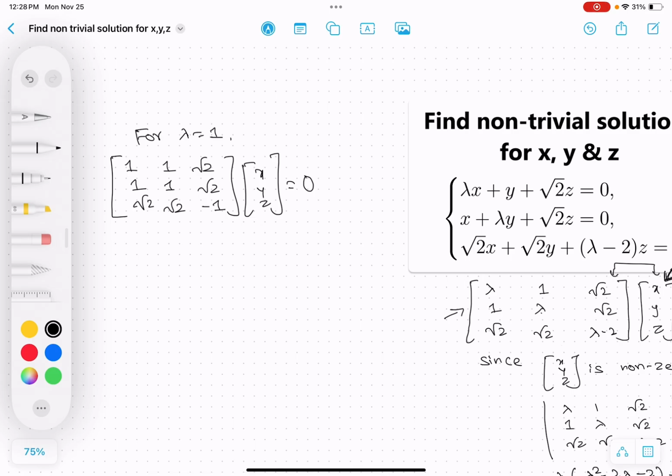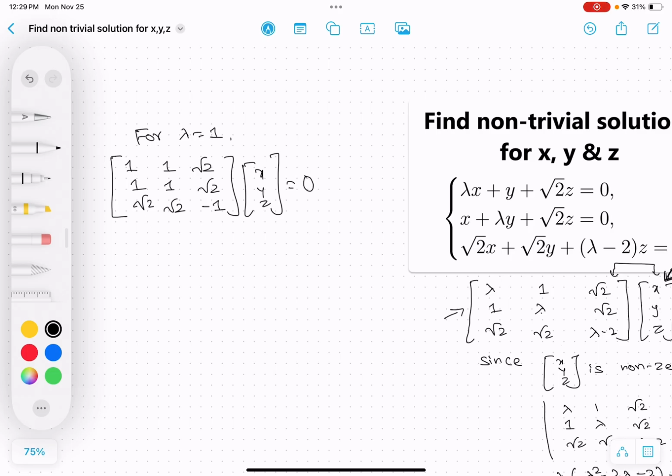Now we definitely cannot solve this by taking the inverse, because that's only for the non-zero solution. One way you can solve this is by substitution or elimination, but I think an easier approach would be the augmented matrix approach.